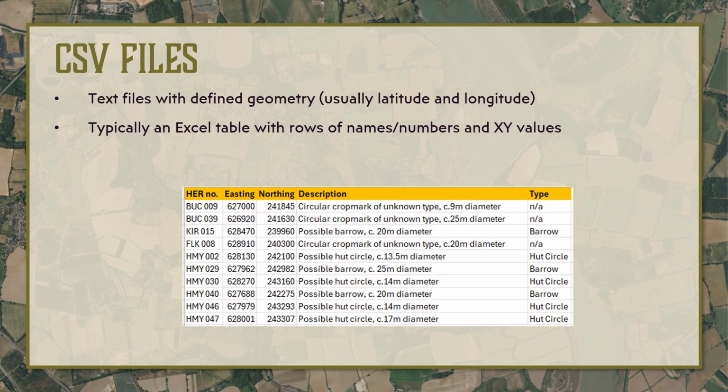To give you an example, this is a CSV file made of the hut circles or suspected barrows in the area. Anything that looks like a ring-shaped anomaly, which may be a prehistoric barrow or hut circle, I've compiled into the CSV. So this is its historic environment record number, the X and Y, and then the description and also a type, so you can classify them and color them accordingly.